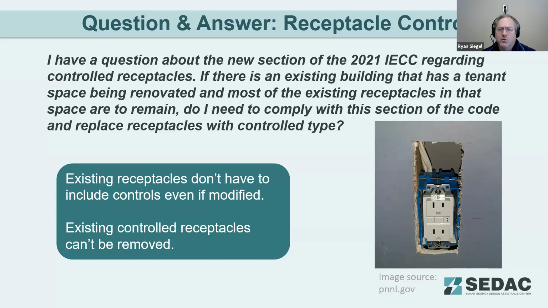So our next question covers receptacle controls. This is fairly new to the code. Coming up with the 2021 IECC requiring controlled receptacles, wanting to know, for an existing building, we have a tenant space being renovated and they're going to leave most of the existing receptacles in place, and trying to understand how does an existing building need to comply with controlled receptacles with that.